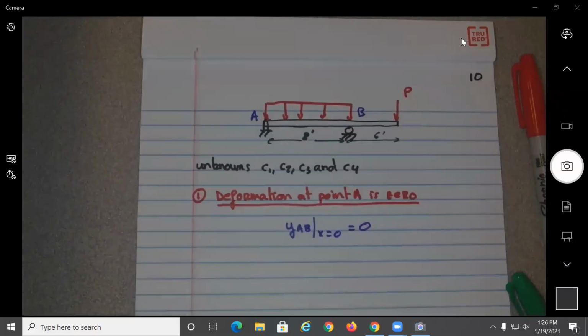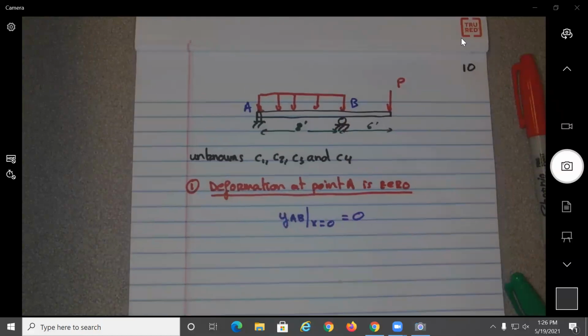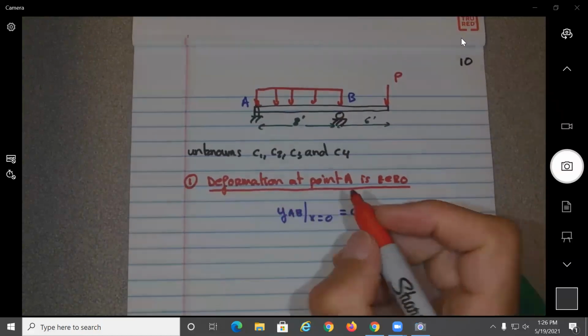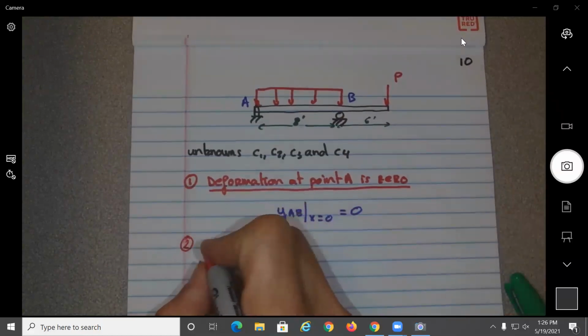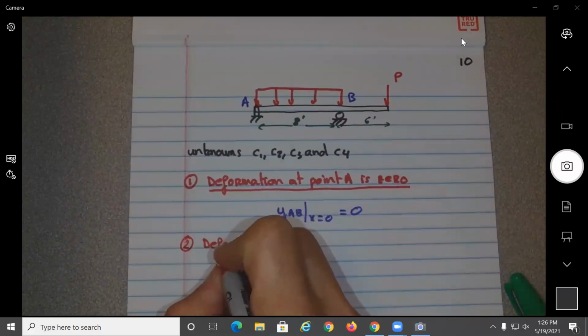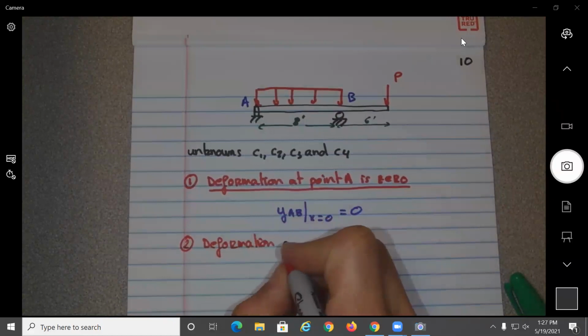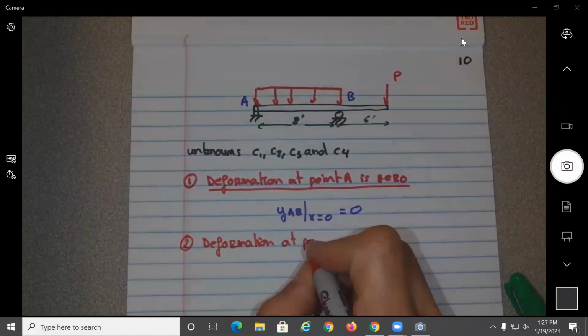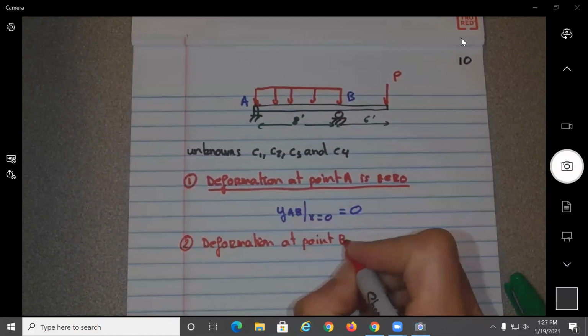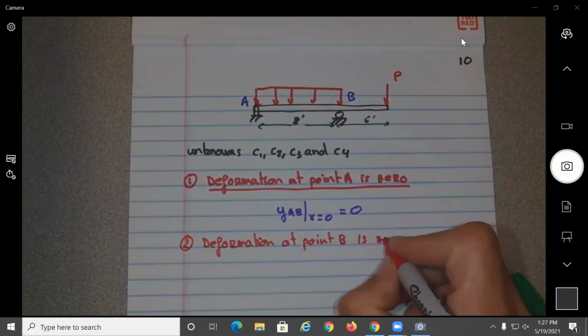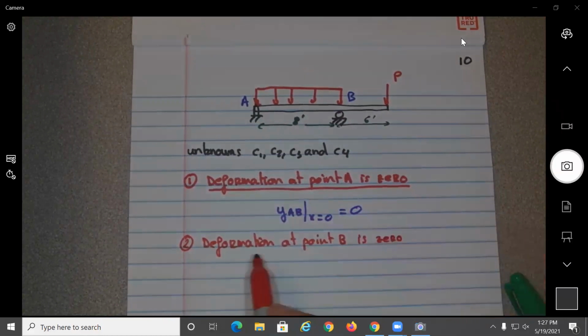So the other one is that we know the deformation needs to be 0 at point B. So we can say basically the same thing. Deformation at point B is 0.